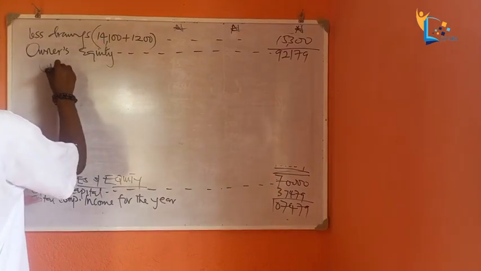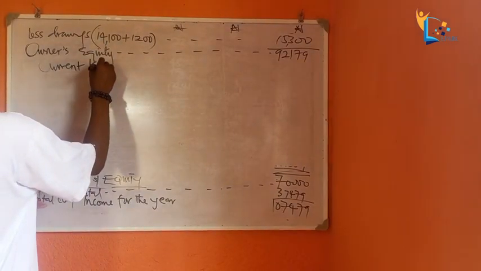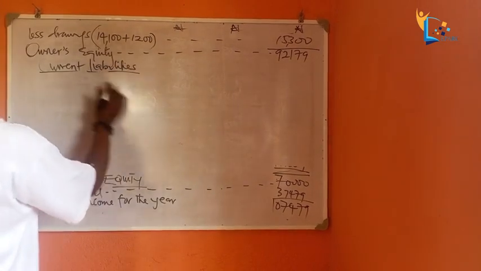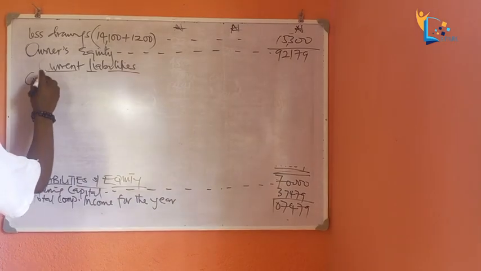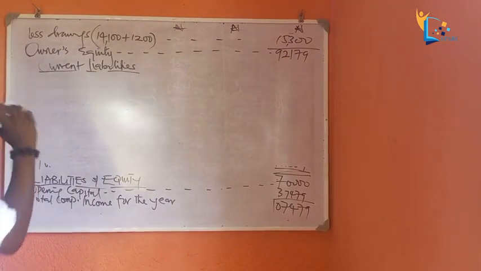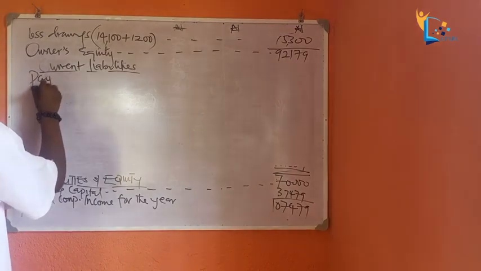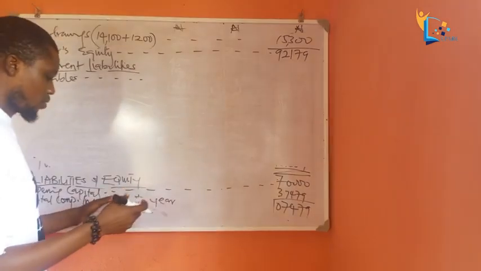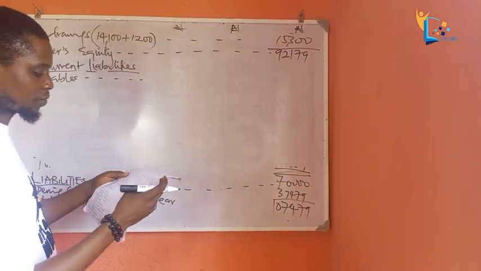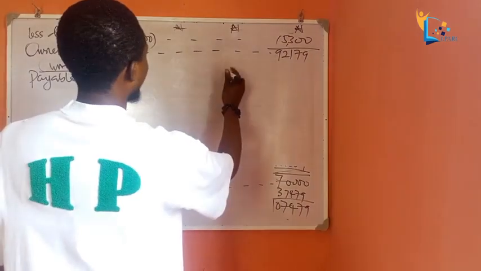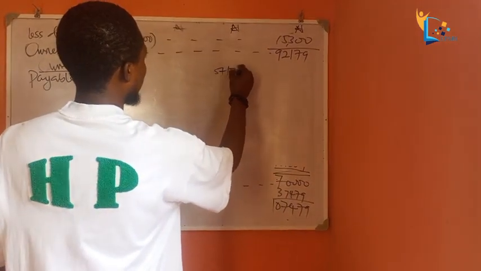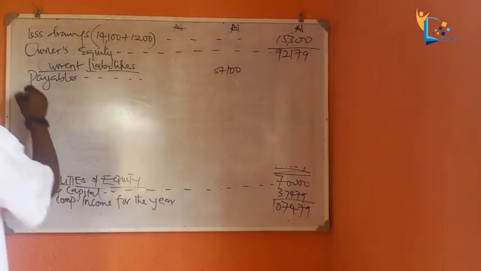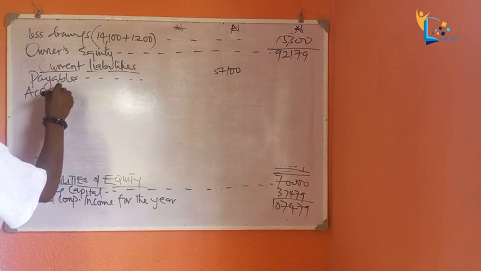So we continue. Current liabilities. The first item on our current liability will be our creditors, or we call them payables. Let me be using the new names so that you will be familiar with them. So our creditors, we have 57,100. So we add accruals.